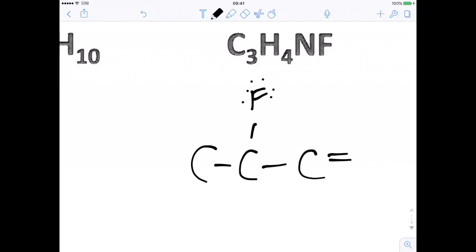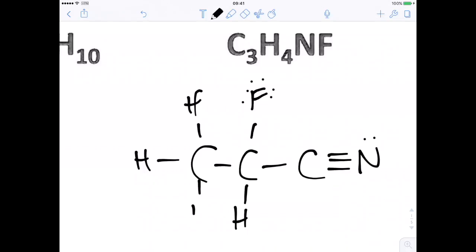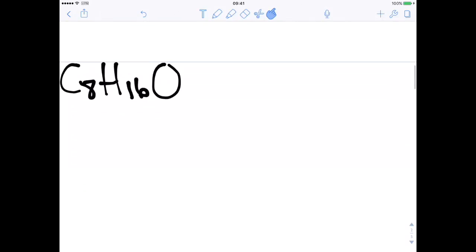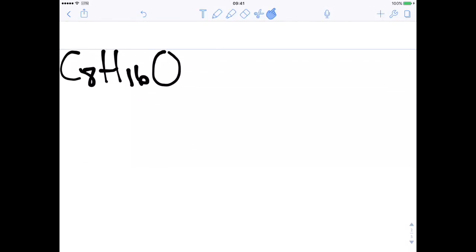You can add your nitrogen right at the end and put its electrons, its lone pairs. And normally, when you see nitrogen and carbon bonded together, they will appear as an amine, but they can still be a nitrile. So from there, you just want to add your hydrogens. And you're done.